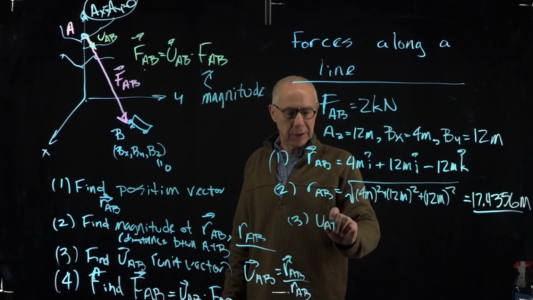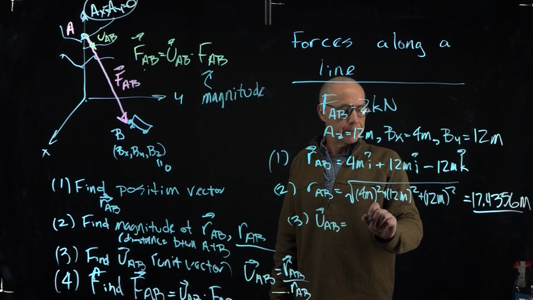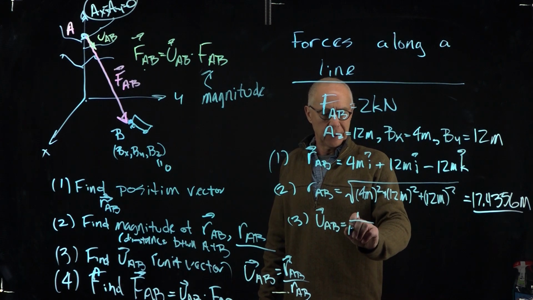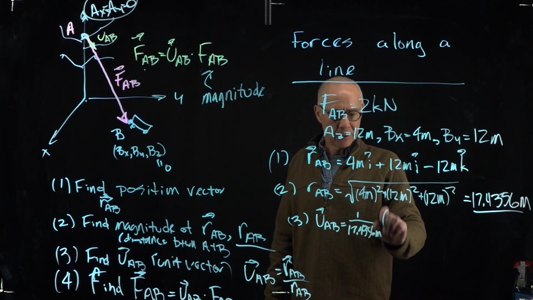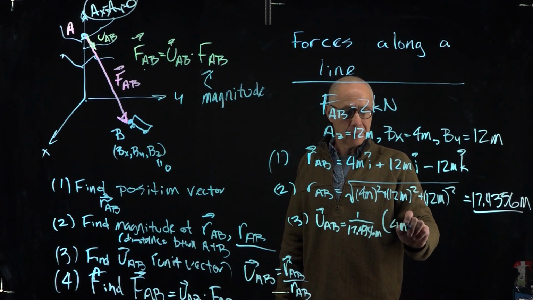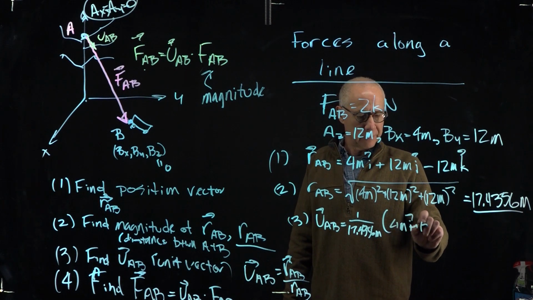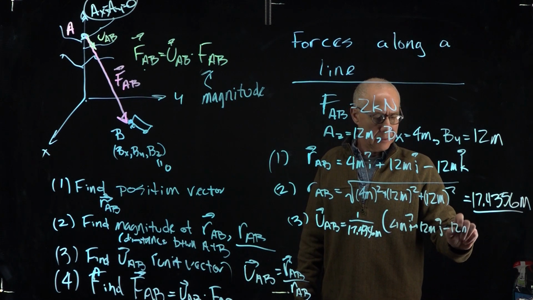Here's our unit vector, UAB, equals, and I'll write it this way, to save myself a little bit of writing, 1 over 17.4356 meters times 4 meters I plus 12 meters J minus 12 meters K.